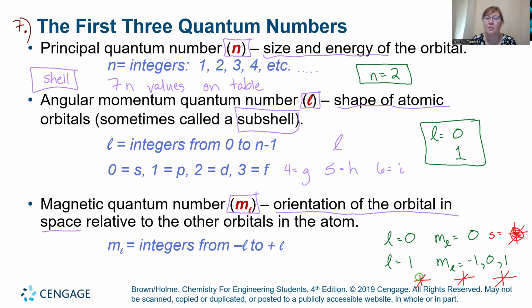So this is a three-dimensional coordinate plane. Here we have it on one axis, and here we have it on another axis, and here we have it on the third axis. And this will actually be px, py, and pz. It's p because l is 1 here. And we'll get to more of that a little later.